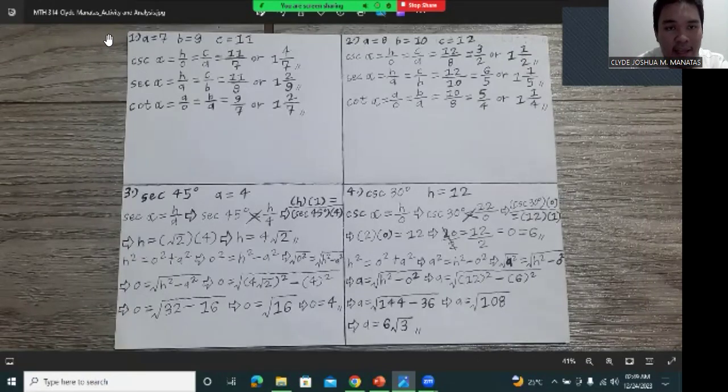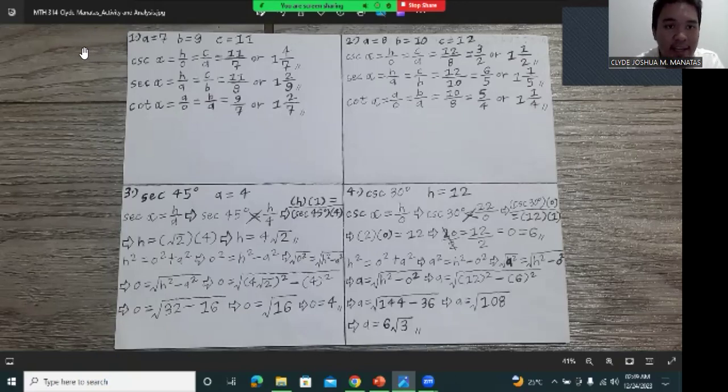The C there is 11, and the A there is 7. So cosecant alpha is equal to 11 over 7 or 1 4/7.